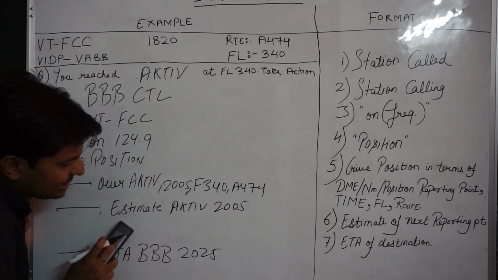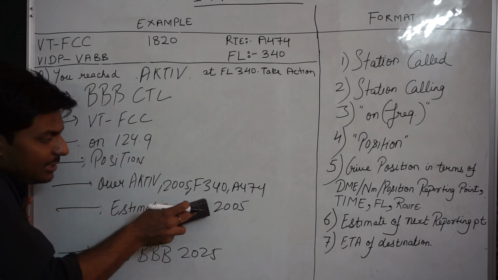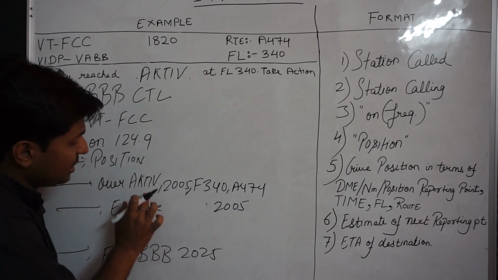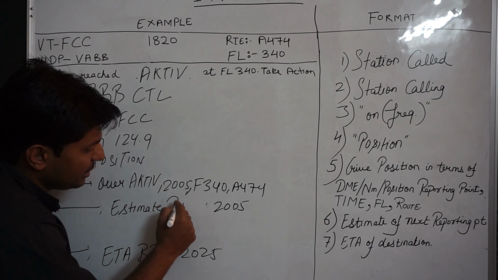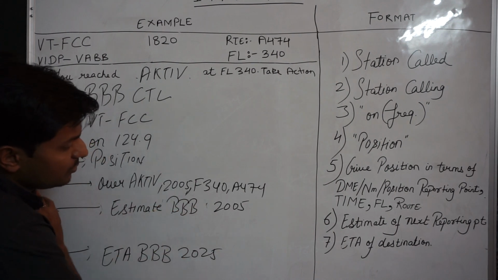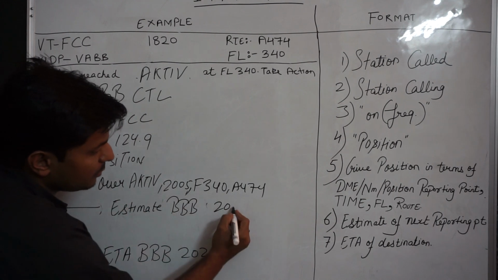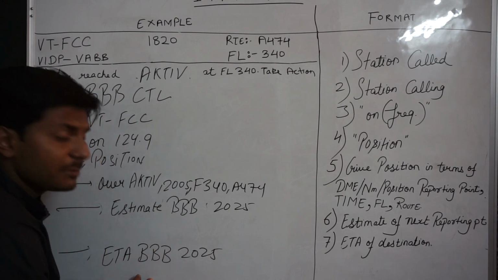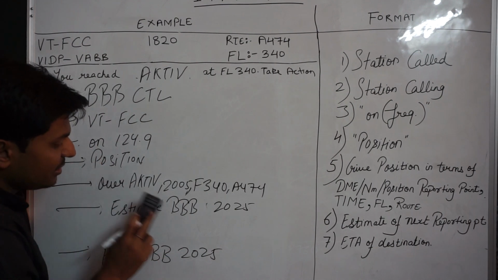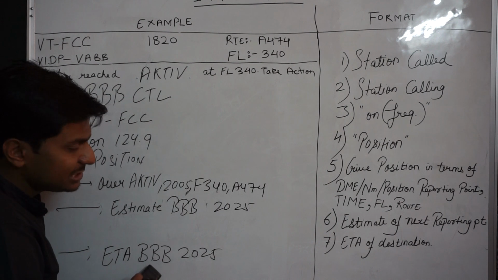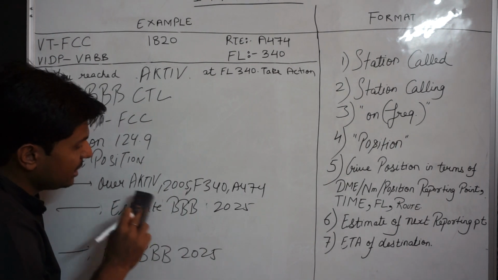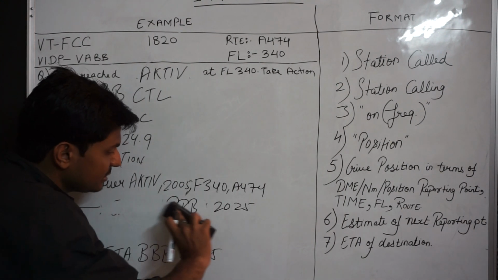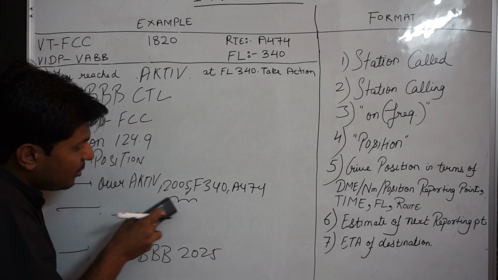Now again you can see the estimate. If I just say estimate, the very next position reporting point from active is Bravo Bravo Bravo. So if I say estimate Bravo Bravo Bravo 2025, does it seem correct? Because I am saying estimate, again I am giving the ETA. So yes, if you are reaching your destination, there is no other point after your current position, so you can omit this part of the format.